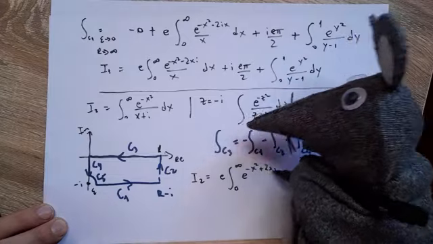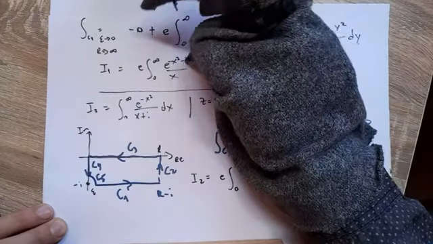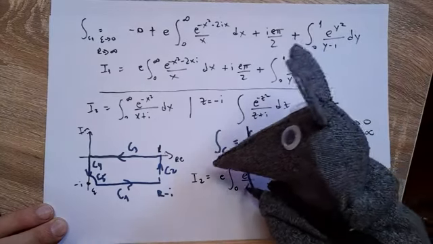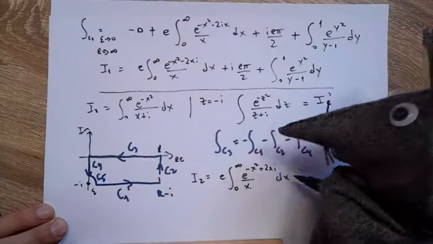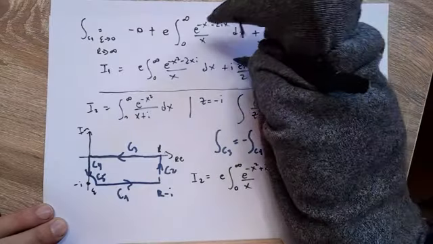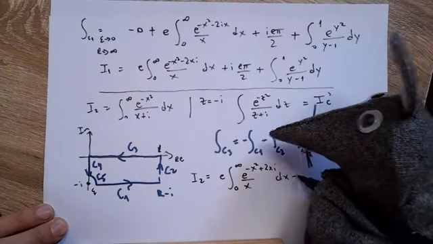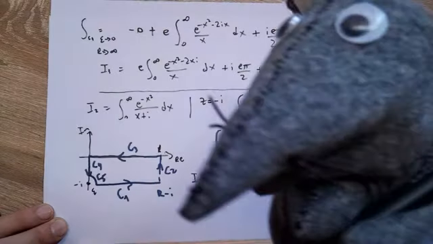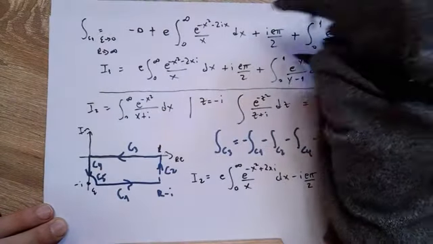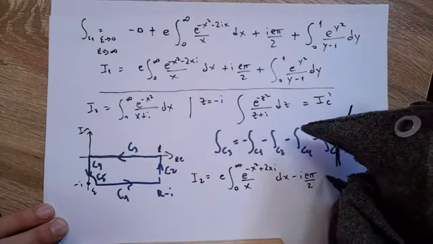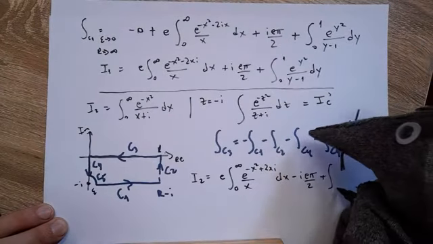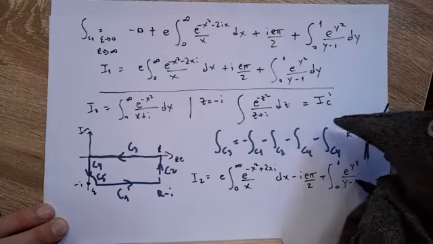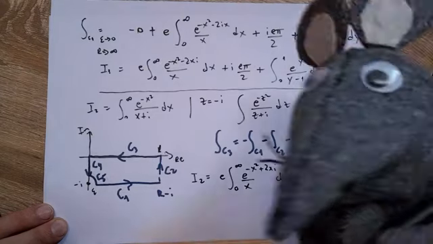This is the difference here: the sign was negative, now we got positive in this exponent. We also get another sign in this constant, minus i e pi over 2, and this integral will also appear with the same sign, plus the integral from 0 to 1 of e to the y squared over y minus 1 dy.